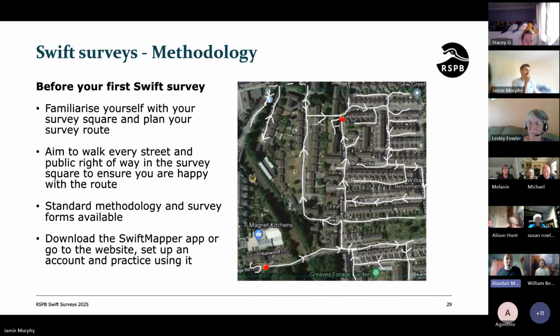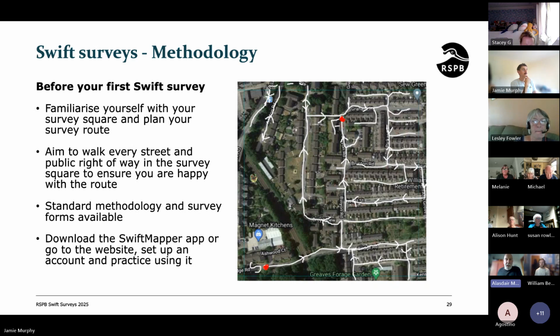So just moving on. Before you do a survey, figure out a good route that you can take around the area. So this has been very roughly drawn out as a way of just following your way around various streets to cover roughly a 500-meter square area.